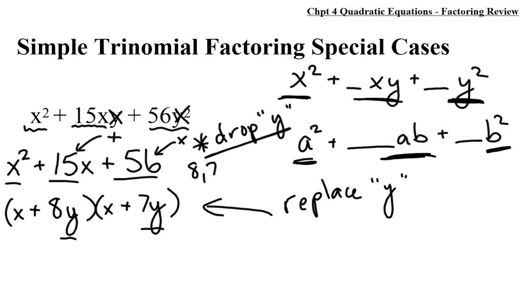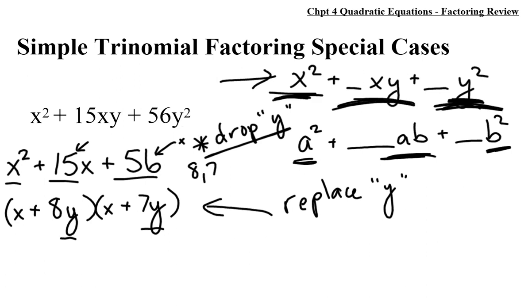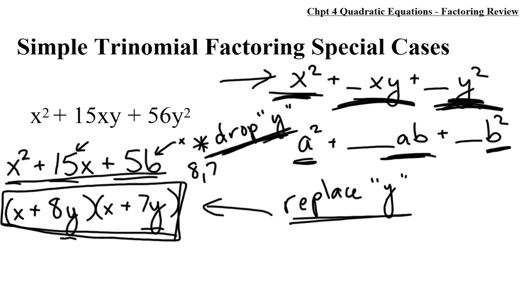So, unique situation again, where you have this x squared, y squared, and one of each in the middle. You drop the second variable. Now you have your simple trinomial. You factor it, but don't forget to replace your y's afterwards. And again, there's our factored form. With that factored form, I could do FOIL, and we're going to end up with our x squared plus 15xy plus 56y squared from that factored form.